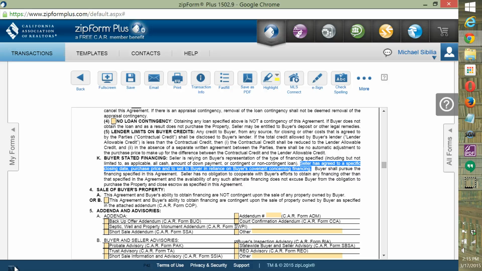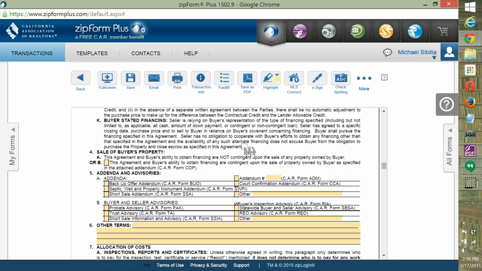They weren't closing on time because they were getting a loan, and the contract said they didn't need a loan. So this says the seller is relying on whatever the buyer says. Buyer shall pursue the financing specified in this agreement. Seller has no obligation to cooperate if the buyer chooses something else. But the reality is that if you did something different and you closed on time, no harm, no foul, right?